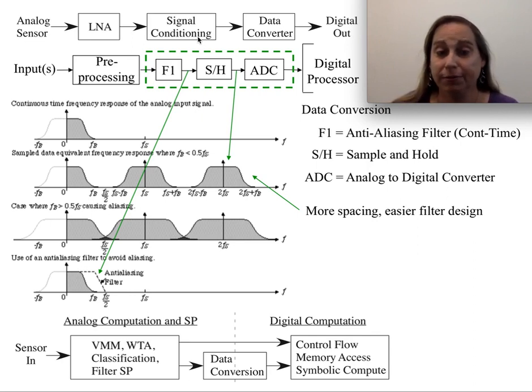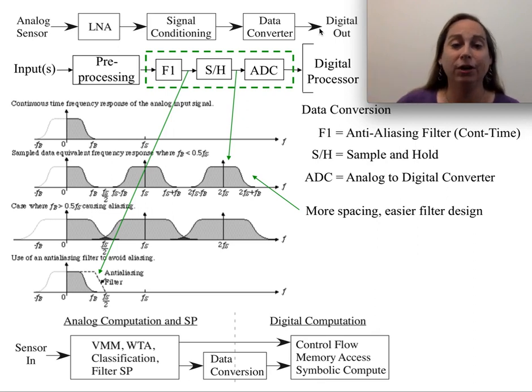It could be filtering, and then usually a data converter, and then I get that result into digital as fast as I can, because that's where I've got programmable and configurable things, and I can have code and modularity, and that's how we usually look at the world.